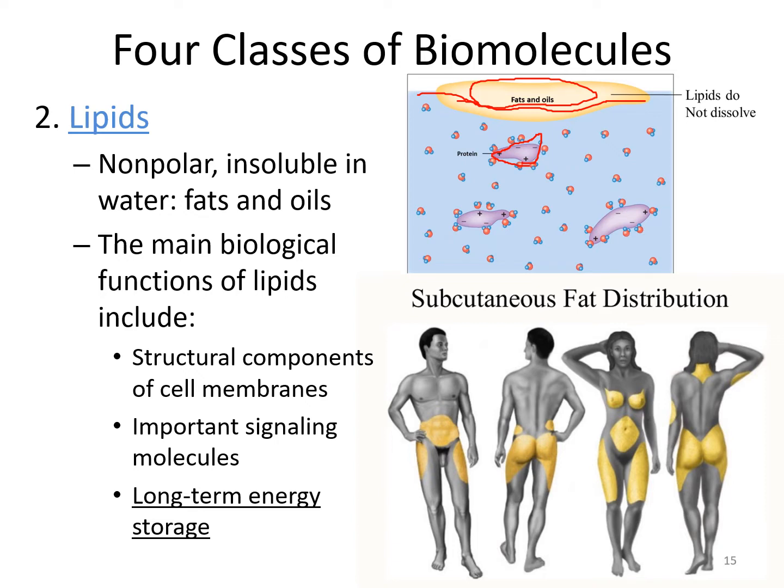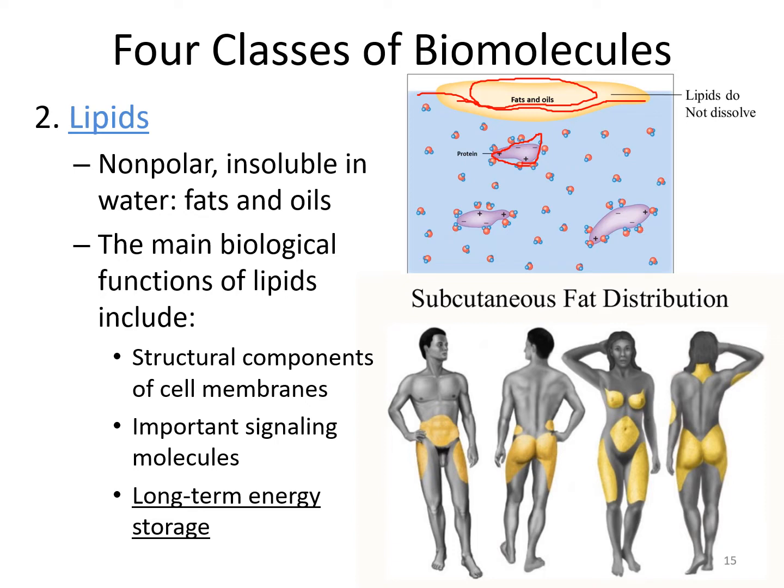And of course, you probably know about this the most. They are long-term energy storage molecules. That is, fats store energy for a long time. So if you eat your candy bars sitting on the couch, first and foremost, that glucose is bound to existing glycogen molecules. If you don't get up and take a jog, over time, those extra glucose molecules stored as glycogen can be converted into fat.